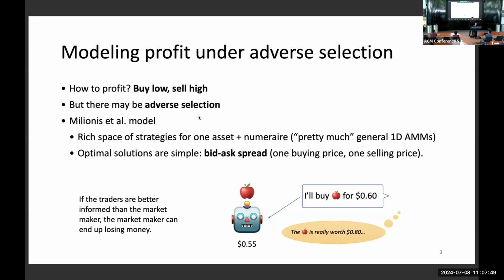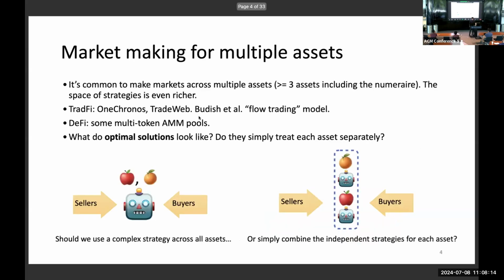And by searching through this rich space of strategies, the result is that in the one-dimensional case, or just between one asset and numeraire, the optimal market-making strategy is pretty simple. You just provide a bid-ask spread. That is, you offer one buying price and one selling price. This also aligns with the traditional finance space.